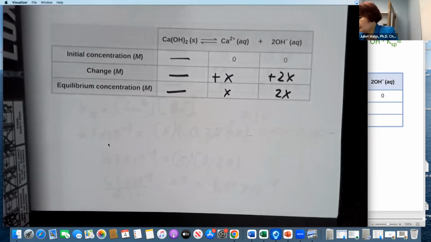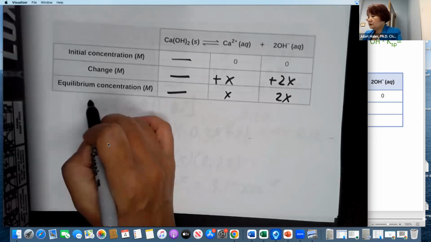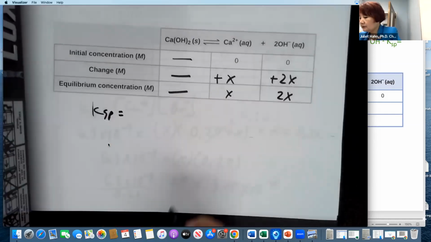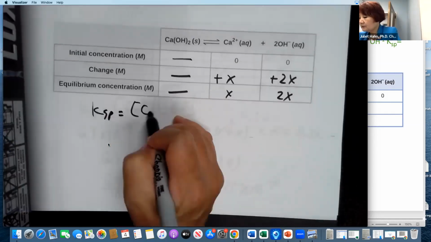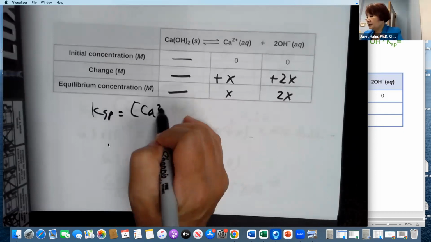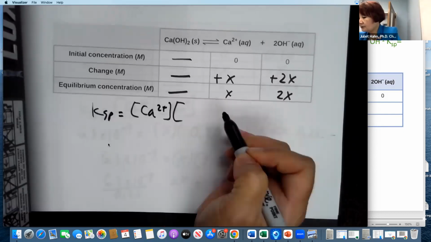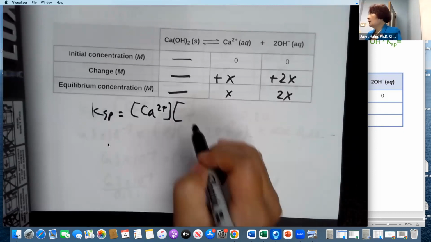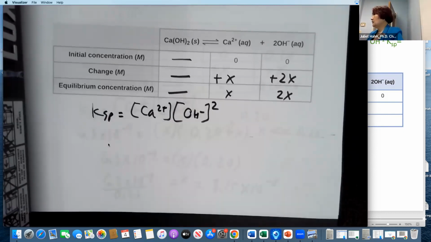Okay, so then you can write out the equation for Ksp. The equation for Ksp would be the concentration of calcium, and then the concentration of OH minus, but it's raised to the 2nd power. Why is it raised to the 2nd power?